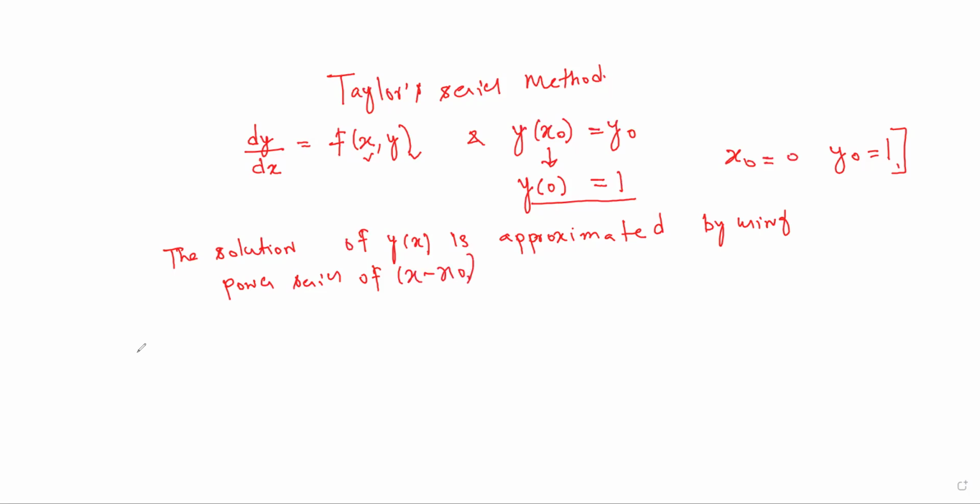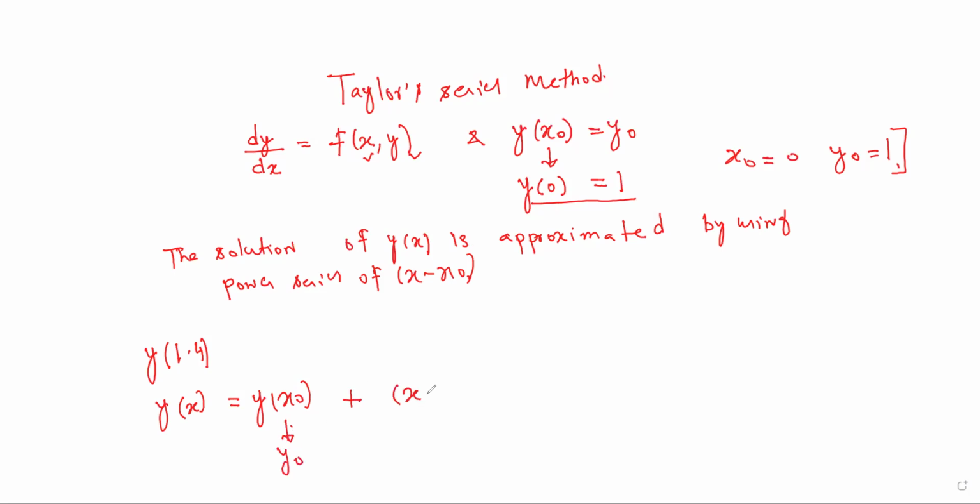If you have to find it at any other point, let's say y of 1.4, at any other value of y of x, then you can get it from y of x naught, which is nothing but y naught, correct?